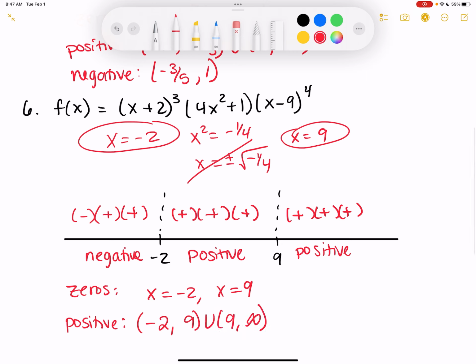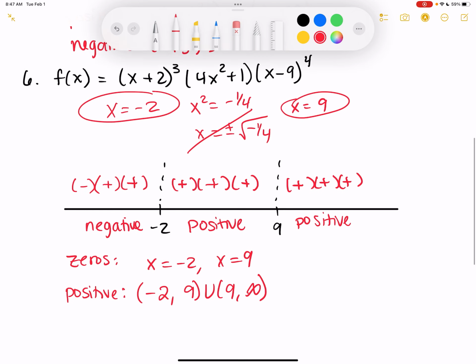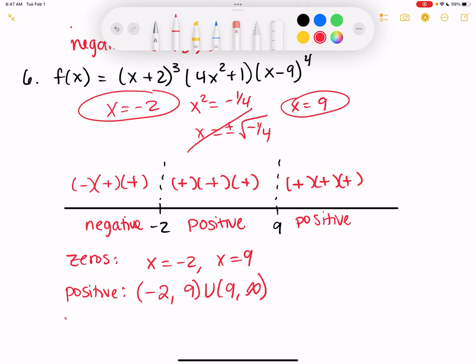You do have to write them separate again because 9 is not included. And then it's negative from -infinity to -2. I got to do it at the infinity sign again. Shocker. I need to spend days making those legible.